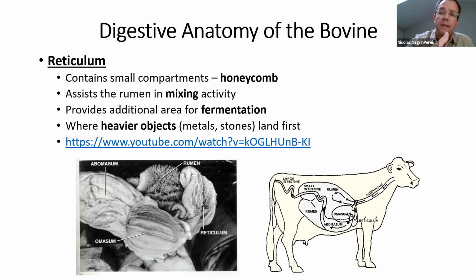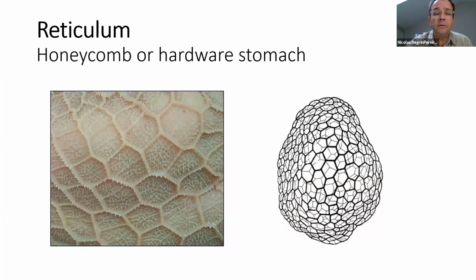With this kind of surrounding movement of the tongue resembling a scythe, they actually cannot select what type of grass, or even objects, sometimes even stones, they eat, and for this reason they end up causing a lot of problems to the animal. So that's the reticulum, sometimes called the hardware stomach because of those heavier objects, especially metals, landing there, and this honeycomb pattern.